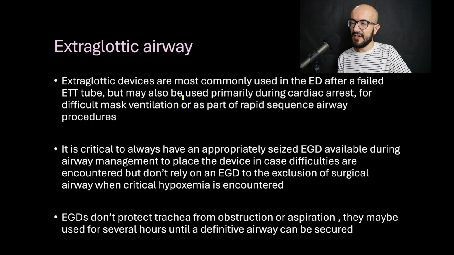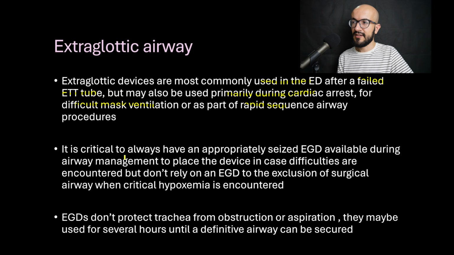Now, extraglottic devices are most commonly used in the emergency department after a failed endotracheal intubation, but may also be used primarily during cardiac arrest, and they are also used for difficult mask ventilation or as part of rapid sequence airway procedures.